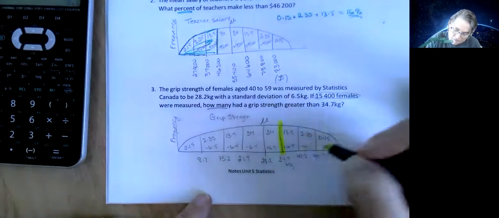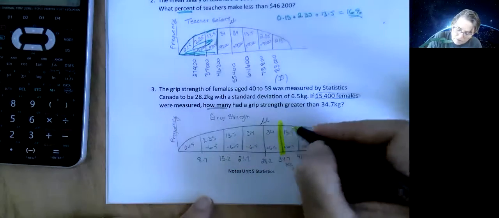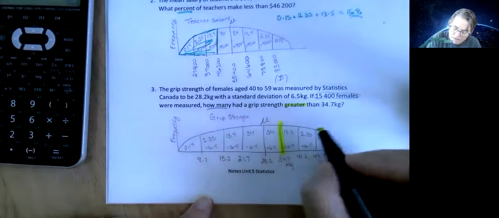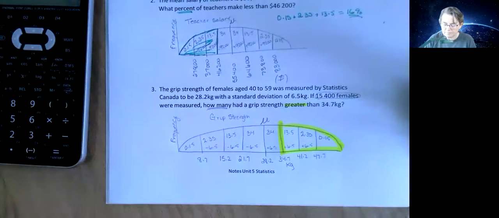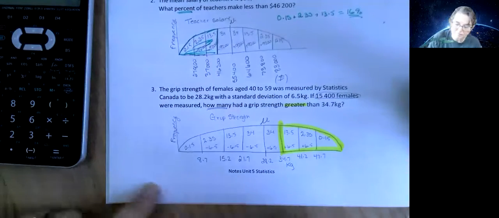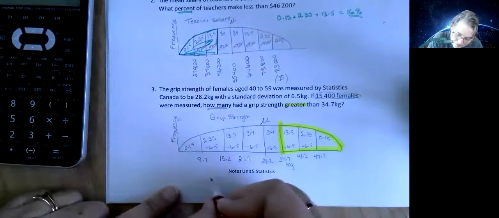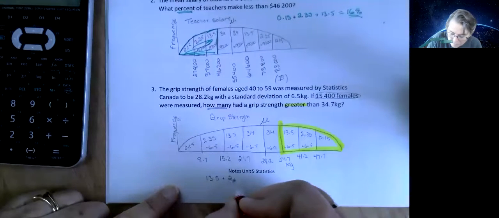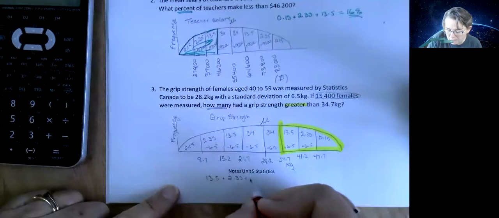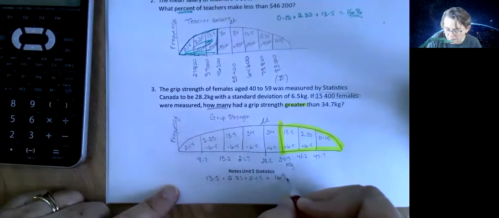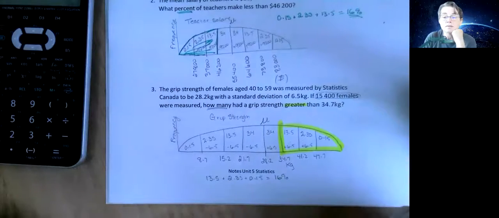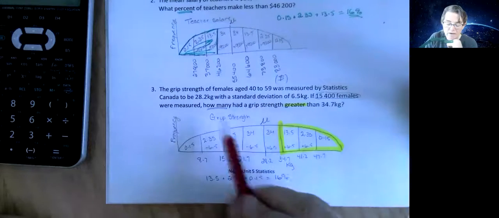Highlighter, there's a line, and I want greater than, so it's bigger than that. So 13.5 plus 2.35 plus 0.15, 16%. So remember, we have to know how many.